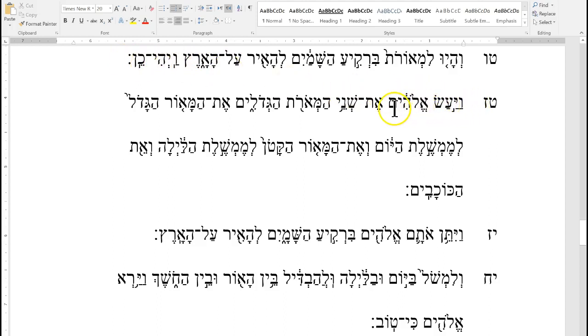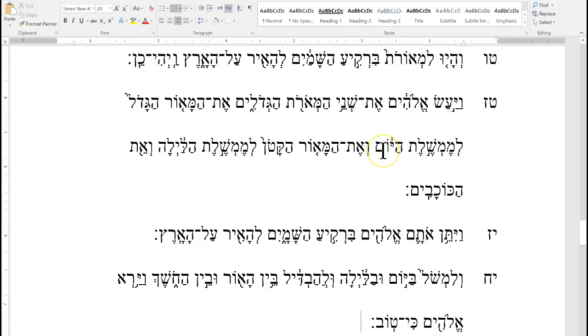Vaya'as Elohim, and God made et shenei ha-me'orot, the two things of the lights. See, that's a construct. Made the two things of the lights, ha-gedolim, the great lights, et ha-ma'or ha-gadol, the big light, lememshelet, for a governing thing, hayom, of the day.